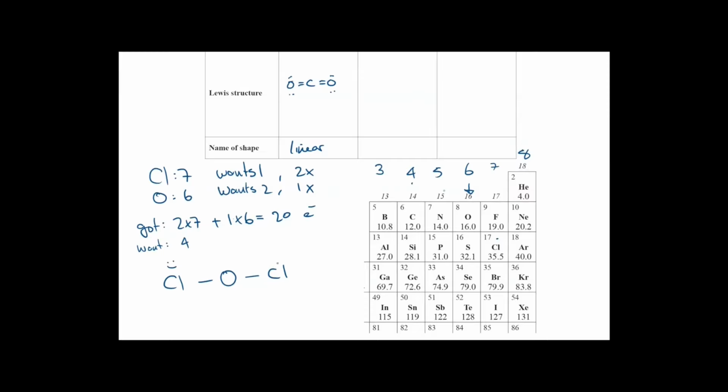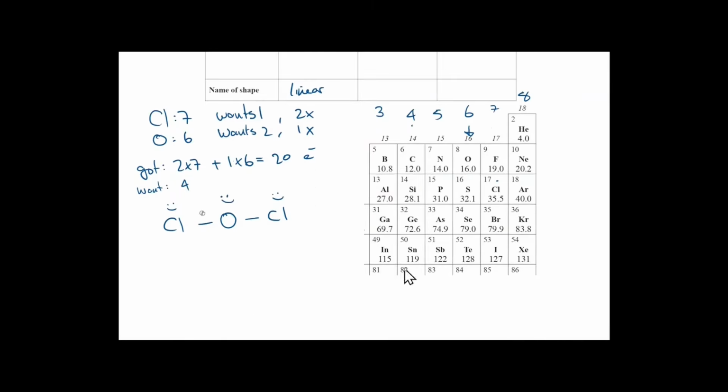The chlorine here is going to be in the same boat. It started with 7, it's picked up 1, so that's going to be happy. The oxygen started with 6, it's picked up 1 here and 1 here, so it's got 8. So the oxygen is going to be happy. So we're happy all round.